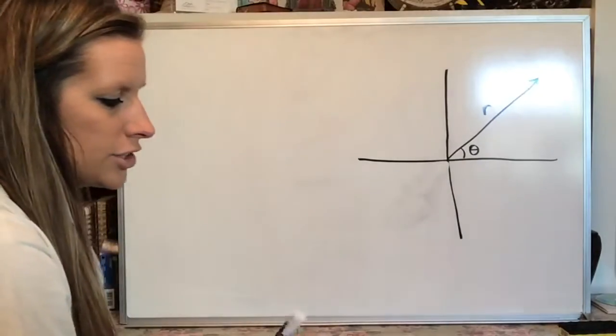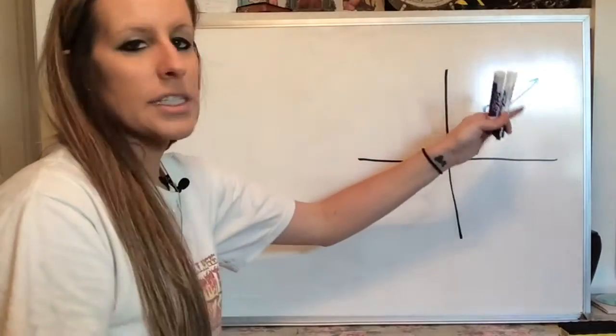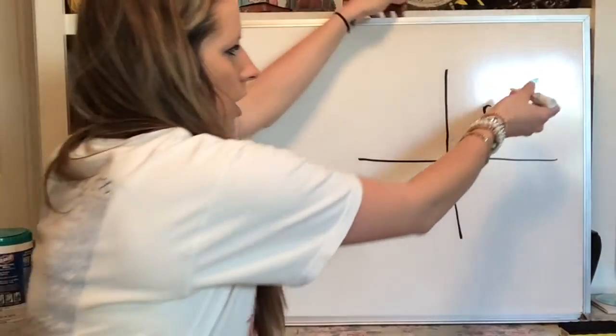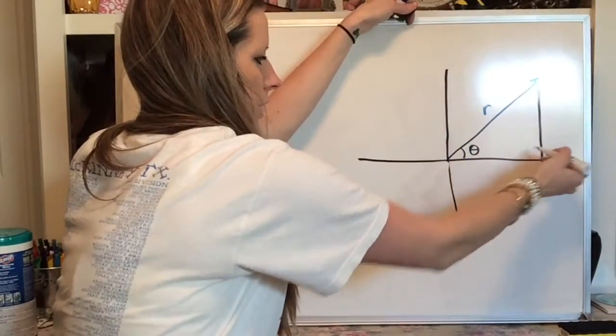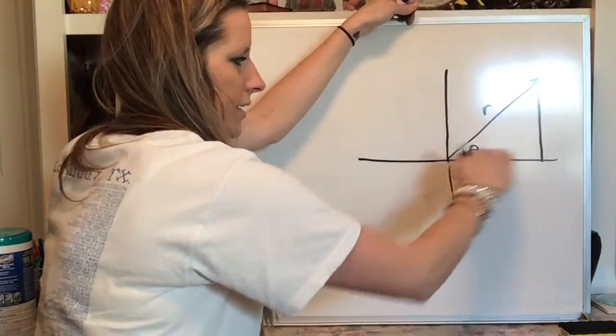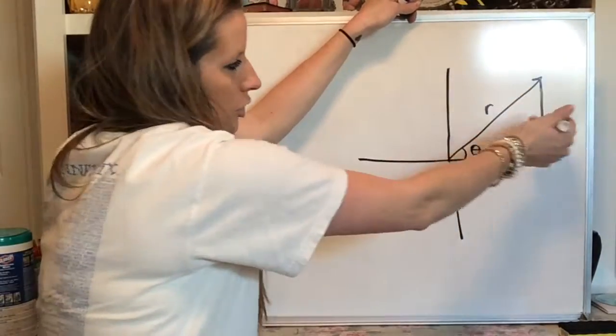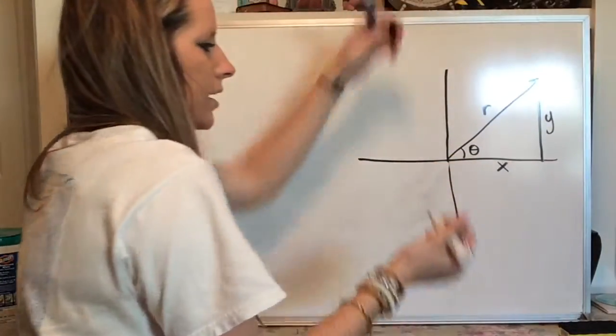Okay, so let's talk about the trig functions that it shows on your notes. What they did is from this vector, they went ahead and made a triangle out of it. So you have this distance x on the x-axis, and then this up and down measurement would be y, right?